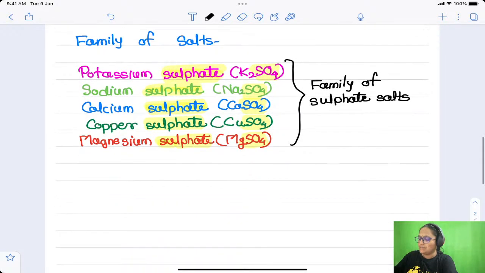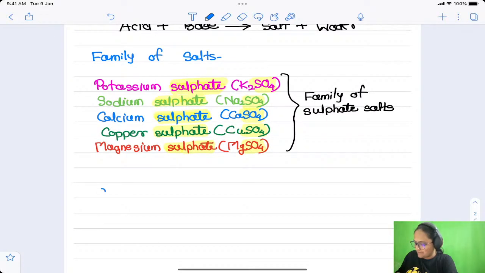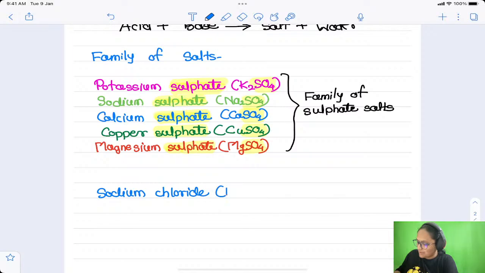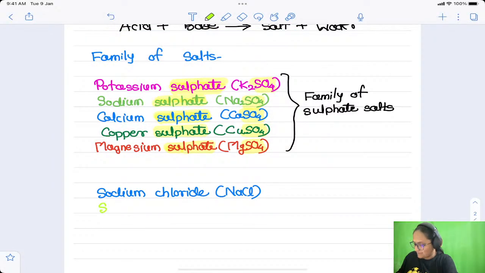Let us see a few more examples. Sodium chloride, formula NaCl. Then next example, sodium sulfate, formula Na2SO4.